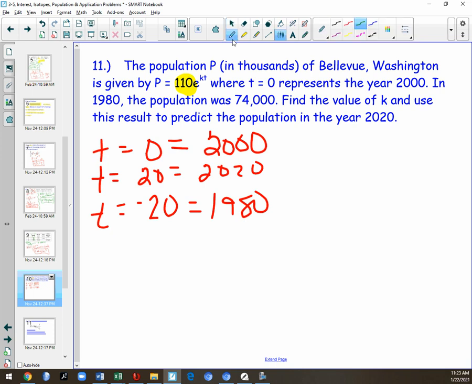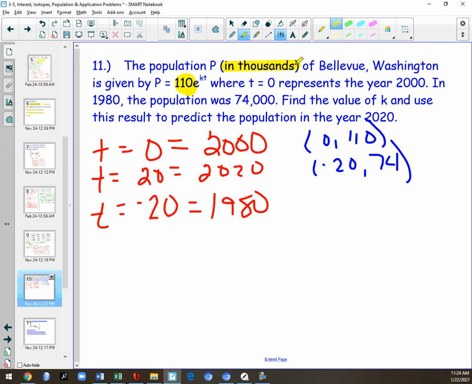What I need your brain to understand is that we have ordered pairs: 0 and 110, and also negative 20 and 74,000. We also need to understand that this is in thousands, which is why you just make that 74 and not 74,000.